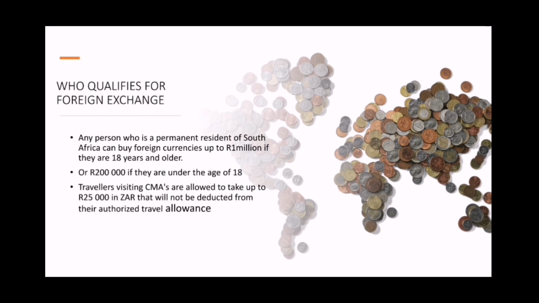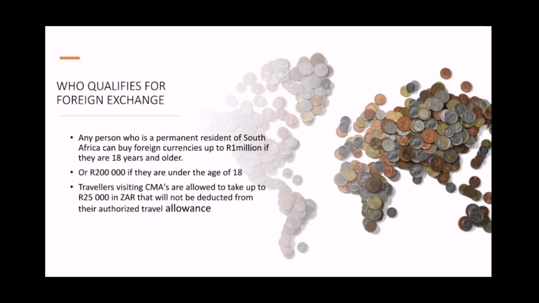Then there's terms and conditions to that. For people over the age of 18 years, you are allowed to take up to 1 million rand annually. This 1 million rand is then called your discretionary travel allowance, which basically means for a period of 1 year, you are allowed to buy up to 1 million rand of foreign currency.